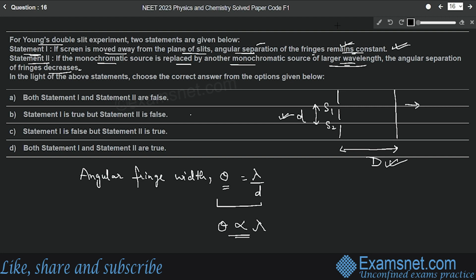But in the second statement, it is given that it will decrease. So this is not true. So statement 1 is true, but statement 2 is false. So option B will be the correct answer.